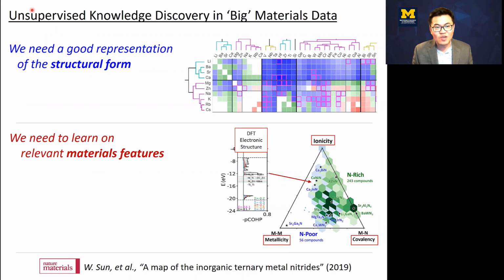So the title of my talk today was Unsupervised Knowledge Discovery in Big Materials Data. And what I argued was, if you want to have an understanding of the representation, you need to understand the structural form. Remember at the beginning, I was talking about the solar system, right? If we have a representation that is based on epicycles, you are not going to be able to get much conceptual understanding from that.